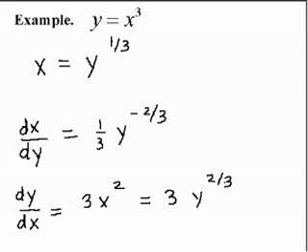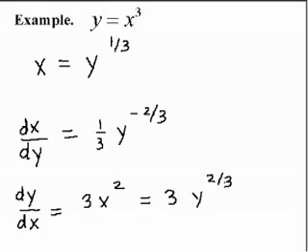Now here is another example. Suppose that y is equal to x cubed. That means that x is equal to y to the 1/3. dx dy is 1/3 y to the negative 2/3. dy dx is just 3x squared. Now we can write 3x squared as 3y to the 2/3 because x is just y to the 1/3.